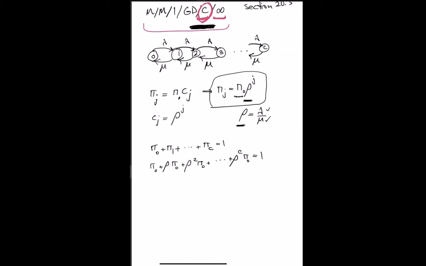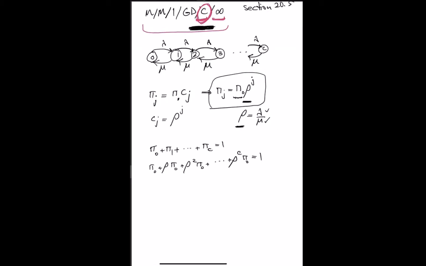And then if we write the formulation, pi 0 equals 1 over 1 plus the sum of rho to the power of j from 1 to c.